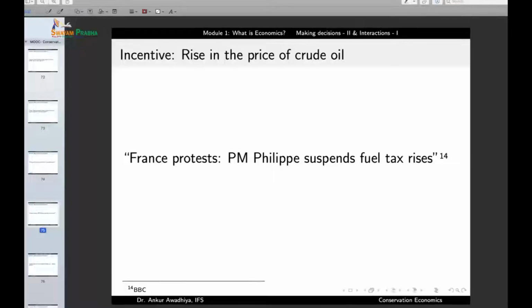The government has been induced to lower the taxes so that the price of fuel comes down. So the increase in price of crude oil has not just acted as an incentive for normal people, it has also acted as an incentive for the government to reduce the taxes. So this is what we are seeing here. The Prime Minister is suspending the fuel tax rises.